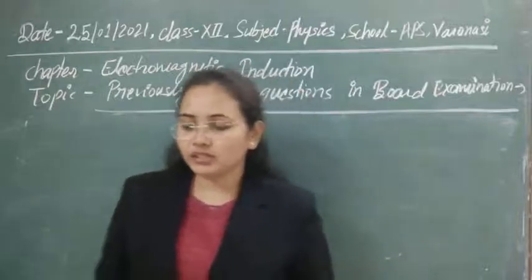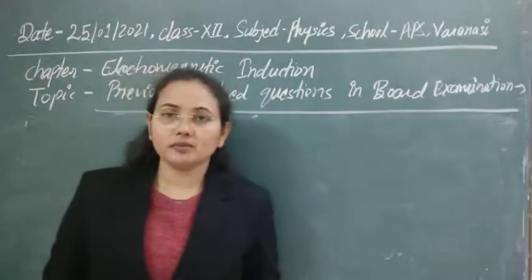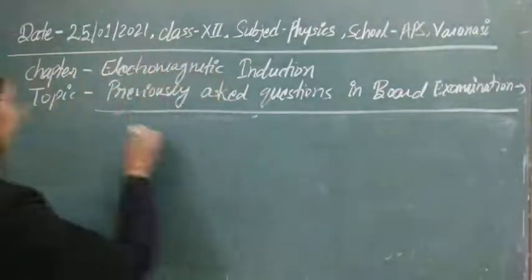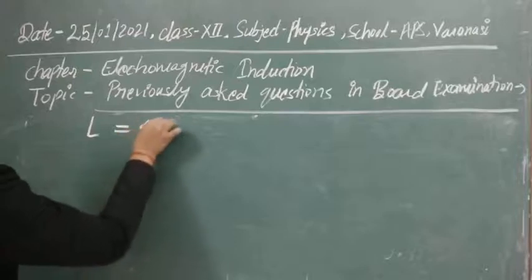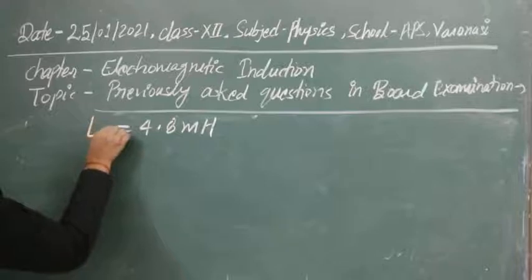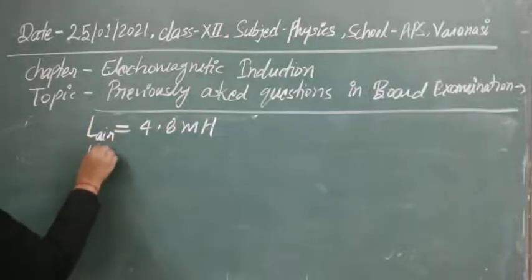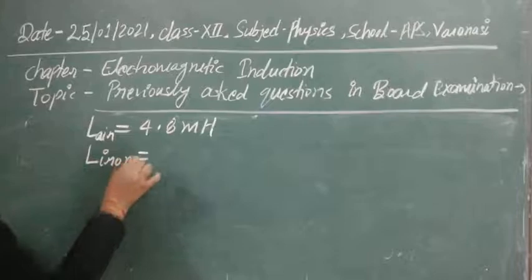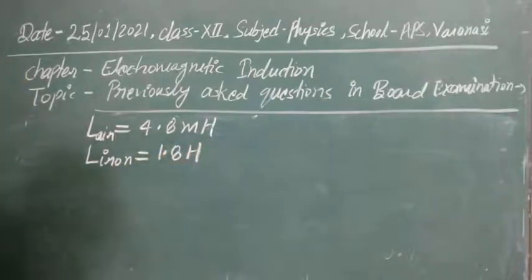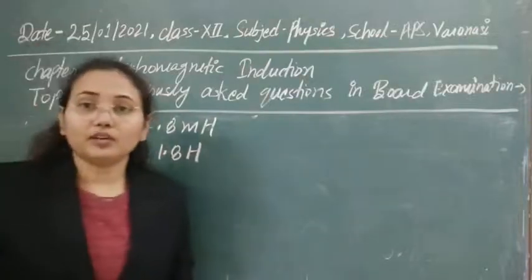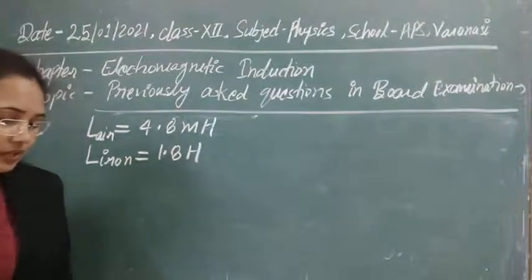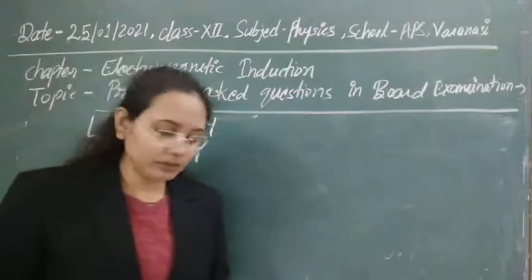In the case of a solenoid with an air core, the self-inductance is 4.8 millihenry, as given. So this is L of air, and if the core is replaced by iron, then the self-inductance becomes 1.8 Henry. So obviously from this numerical you can also see that self-inductance depends on the different kinds of material also. We have to find out the relative permeability of iron.